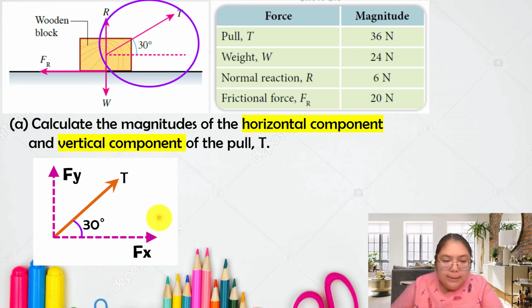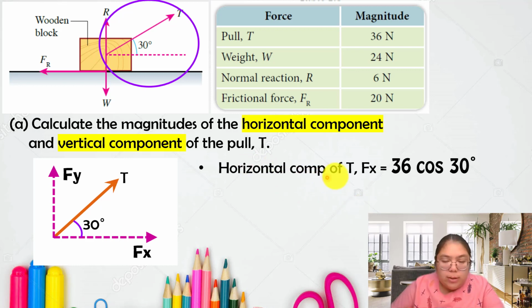Fx is beside the angle, so if you want to find Fx, surely use cos. If you want to find Fy, you bring it to this side, and you can see the angle and Fy are opposite. When opposite, we need to use sine. So let me create the equation.